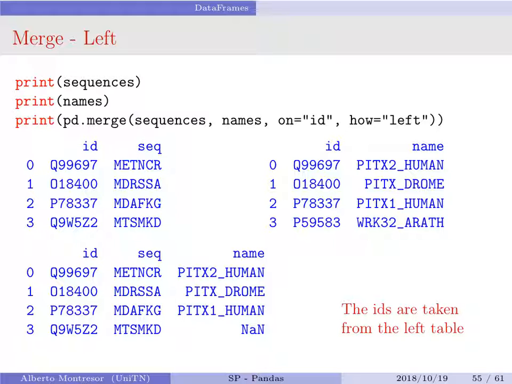And if you use the left operator, the IDs are taken from the left table, which means sequences here. So you see here that now I have sequences that are the same here. I'm taking the value from here, and here I'm saying not a number, not a value, to mean that I'm not able to find a match for this Q9 there.